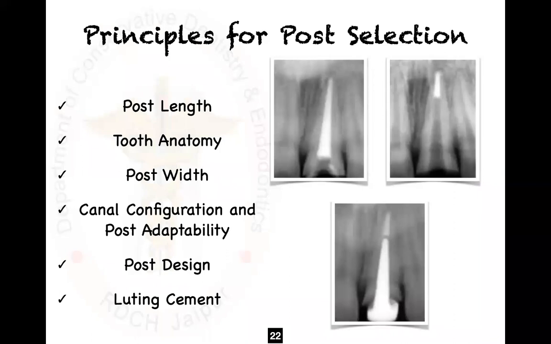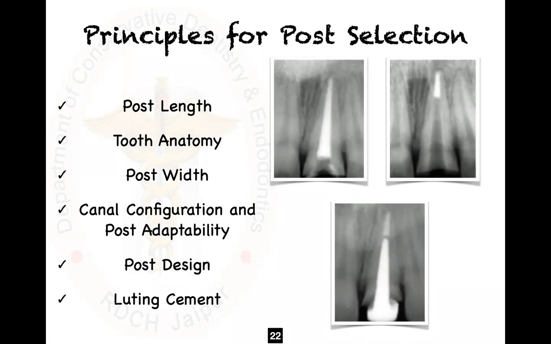People who have not read this chapter, who are absent today, will only write that a crown has to be done. What else can you do on endo treated teeth, at most? Only a crown. They will just write full coverage crown, that is the solution. They will not even think about why this question was asked. So that is one question where you have to describe in detail about post and core.